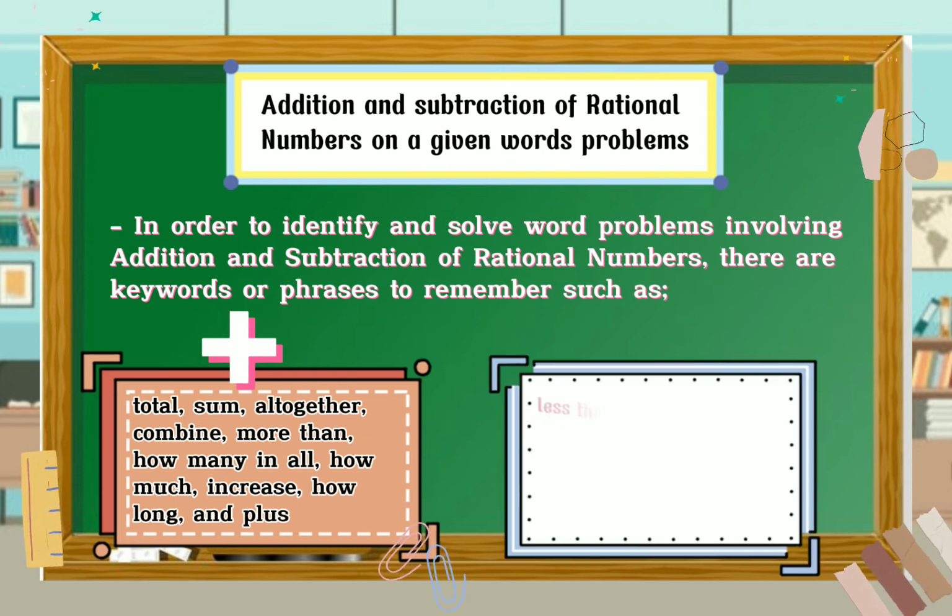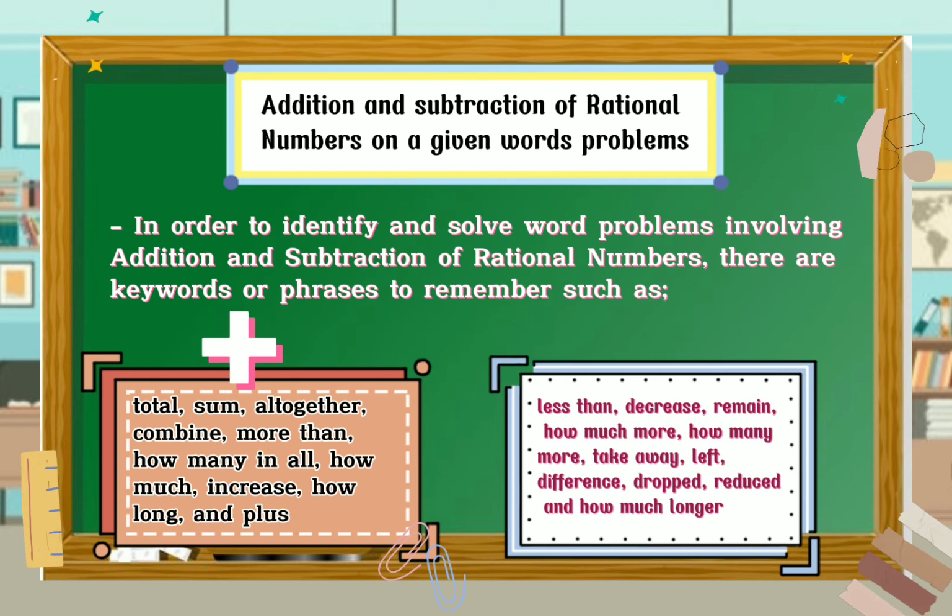While the words less than, decrease, remain, how much more, how many more, take away, left, difference, dropped, reduced, how much longer are some of the keywords or phrases for subtraction operation. That's why you students need to familiarize or better memorize those keywords for you to identify what operation of rational numbers you should apply when you encounter word problems.